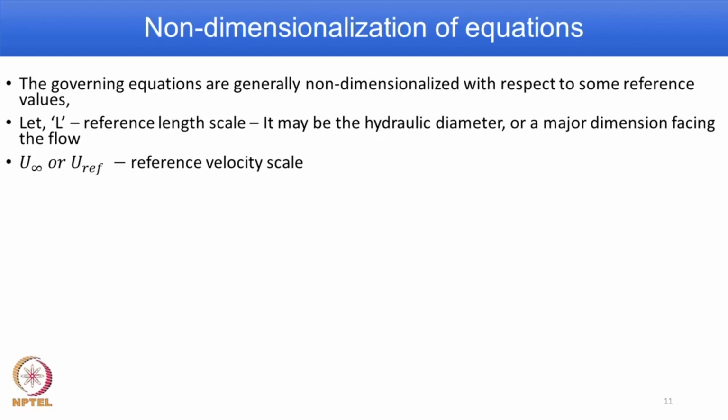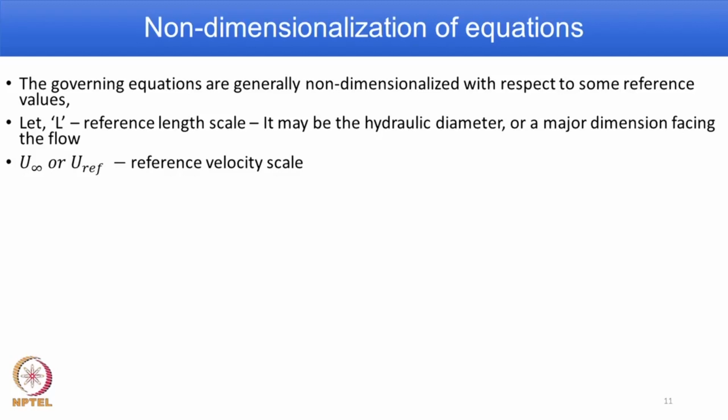If the inlet is a parabolic profile, either the bulk velocity or the maximum velocity can be a reference velocity scale. If you consider flow over a flat plate, the free stream velocity u infinity can be a reference velocity scale. So one needs to identify the reference length scale and reference velocity scale.